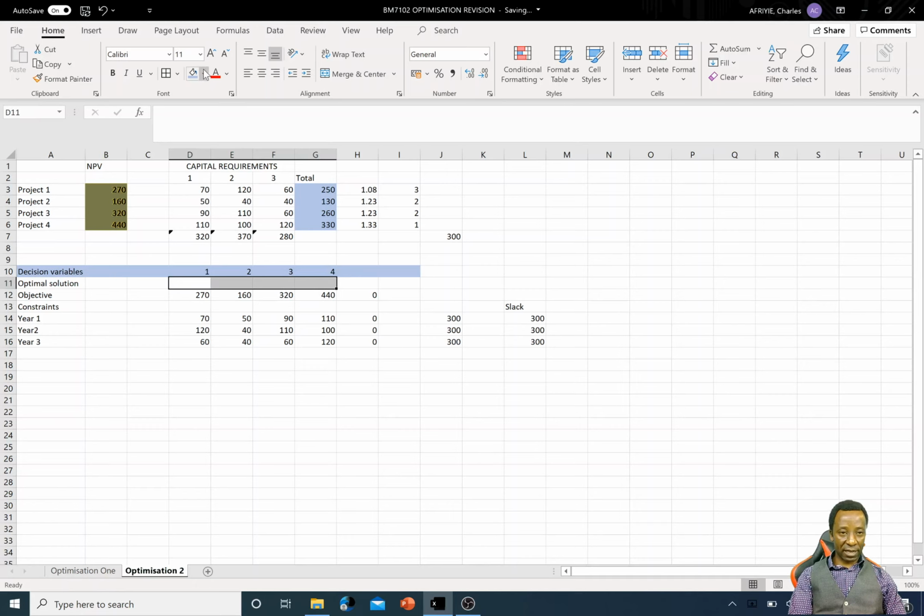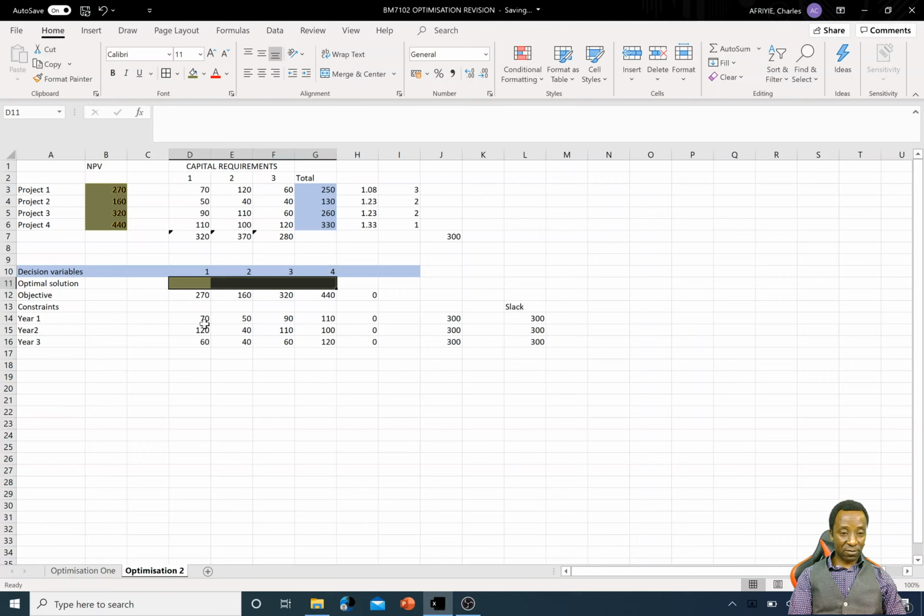Solver will tell us what the optimal solutions are. And we have our NPVs: 270, 160, 320, and 440. And then we have our constraints. We have year 1, year 2, year 3. These are the capital requirements. I hope I've typed them in properly.